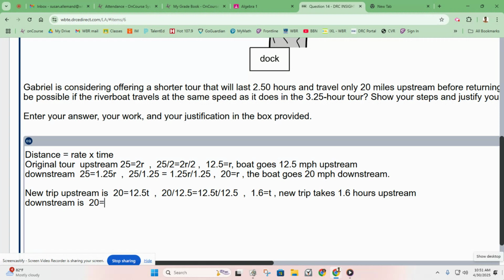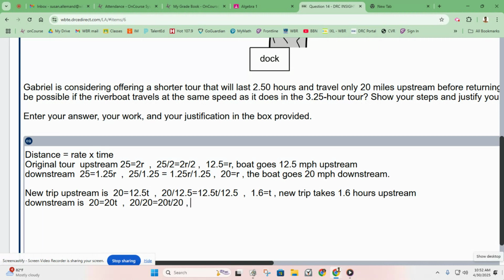The speed downstream was 20 miles per hour, and again, I need to figure out the time. So each time I've substituted values in place of those variables, but I still have a variable in there that I need to solve for. Just like before, if I'm trying to solve for t, since t is being multiplied by 20, I'm going to divide both sides by 20.